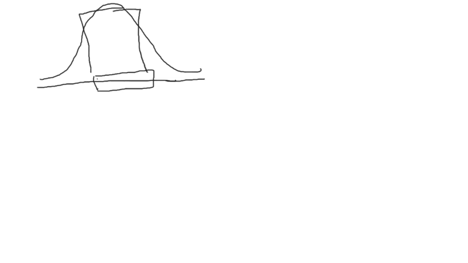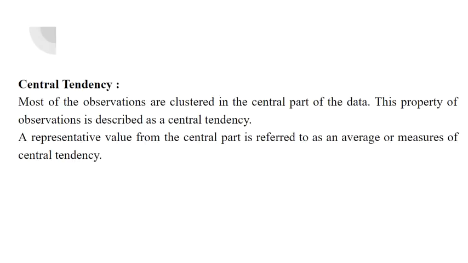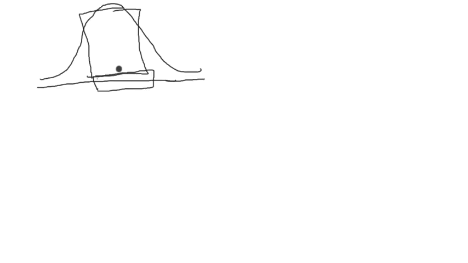This is the bell-shaped curve. The frequency curve is bell-shaped. Here, what we read is that most of the observations are clustered in the central part of the data. Yes, most of the observations are clustered in the central part of the data, and a representative value from the central part is nothing but an average or measure of central tendency.